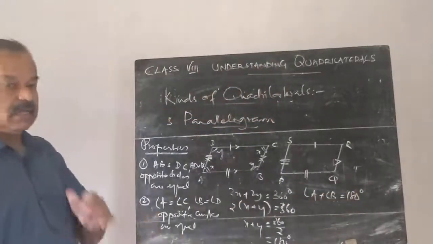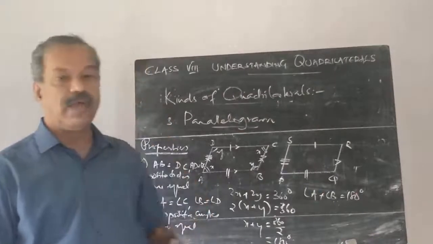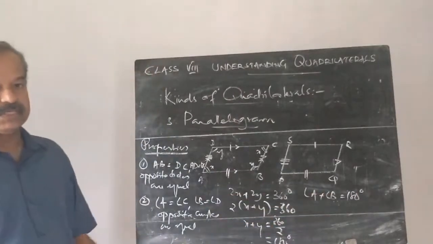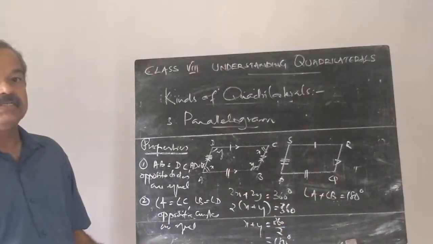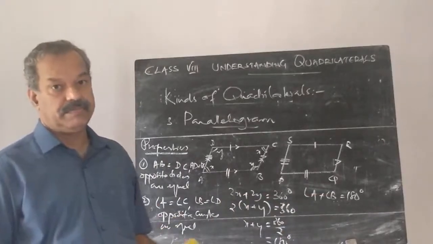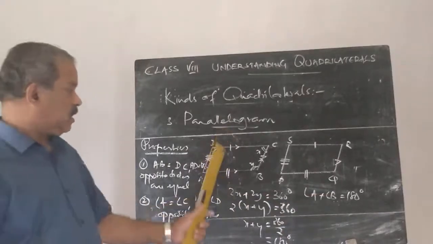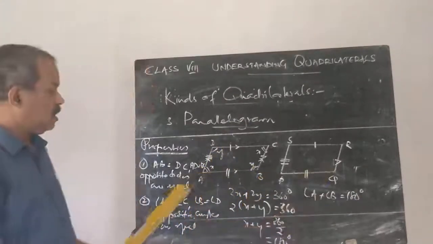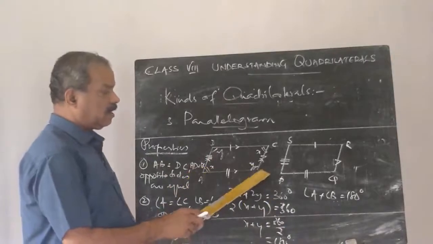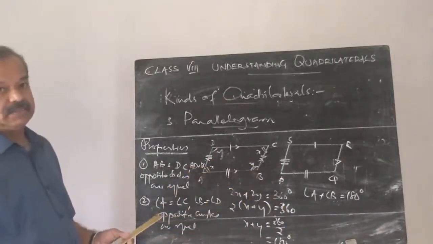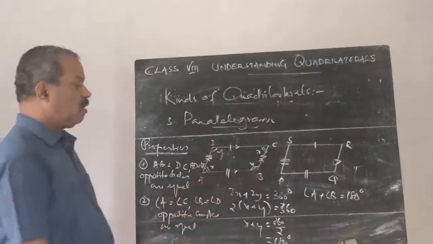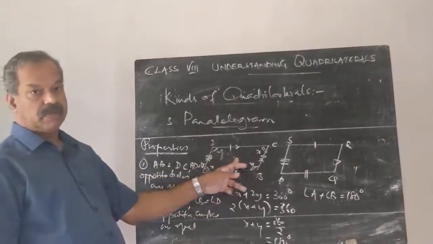If the sum of two angles is 180, what do you call such angles? They are supplementary angles. Here, angle A plus angle B equals 180, so angle A and angle B are supplementary angles. That is, the adjacent angles of a parallelogram are supplementary.